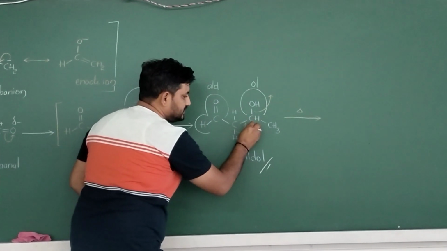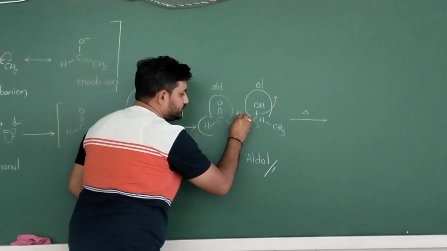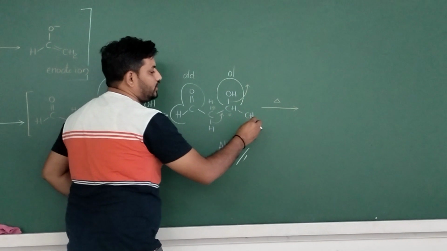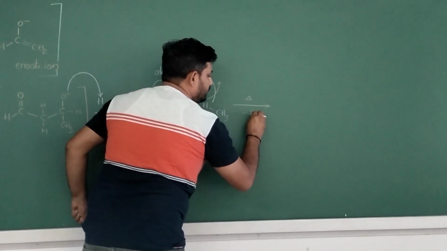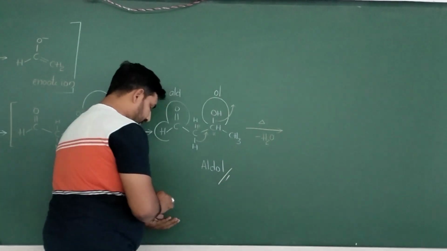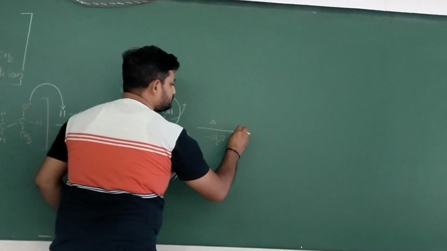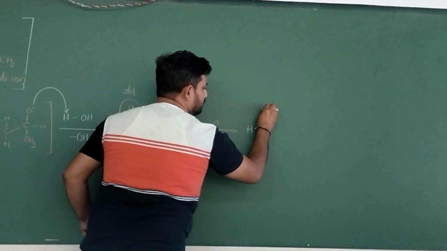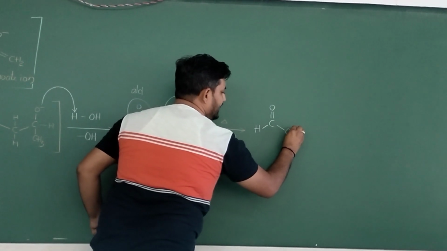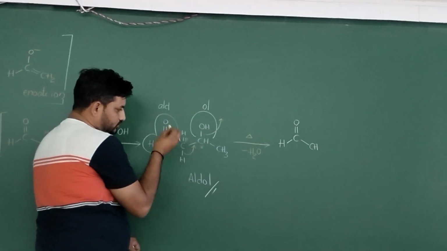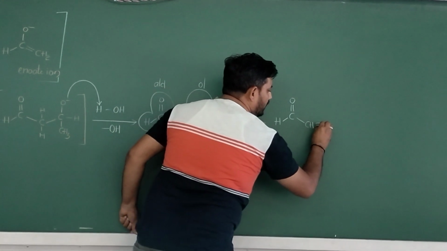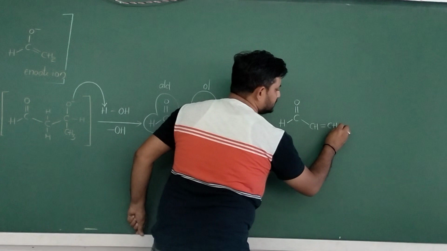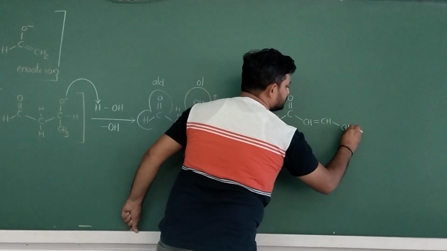This is the alpha position, this is the beta position with respect to the alcohol. The moment you remove the water molecule, the end result would be an H, C double bond O, single bond CH because a proton is lost, double bond CH because the hydroxyl group is lost, single bond CH3.